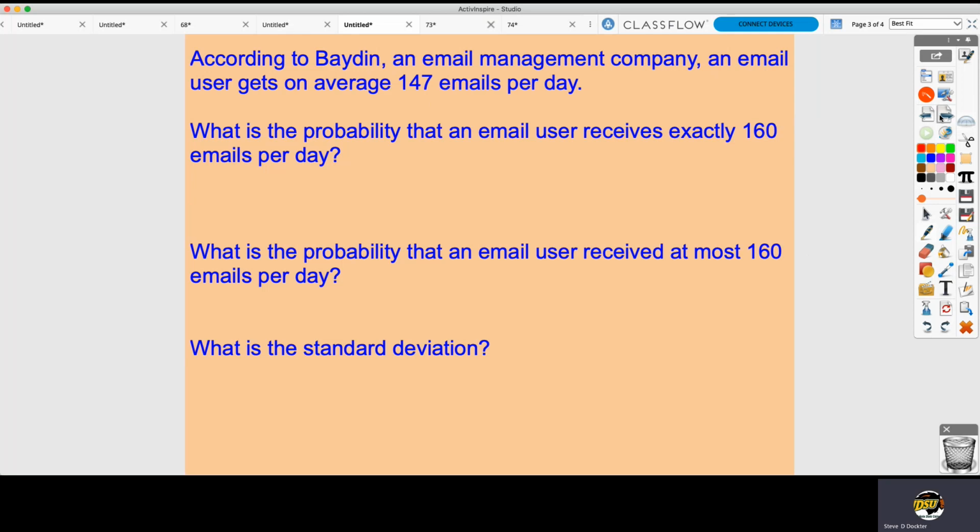So that first question: what is the probability that an email user receives exactly 160 emails per day?